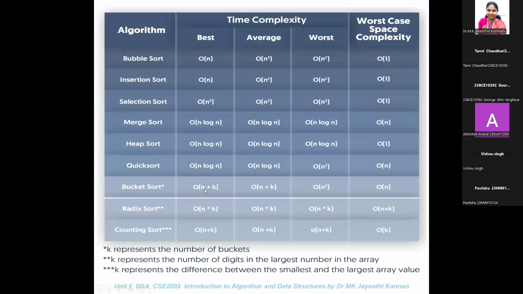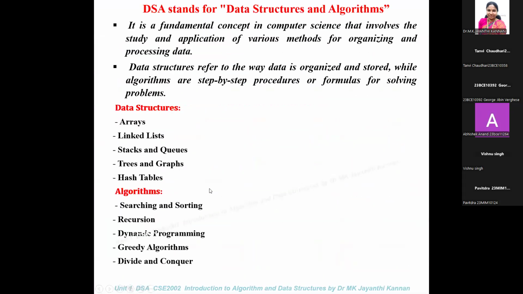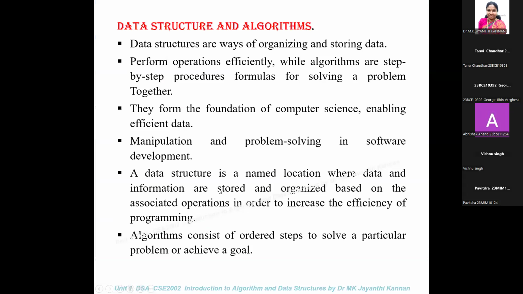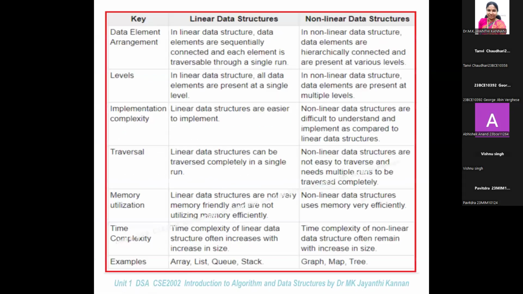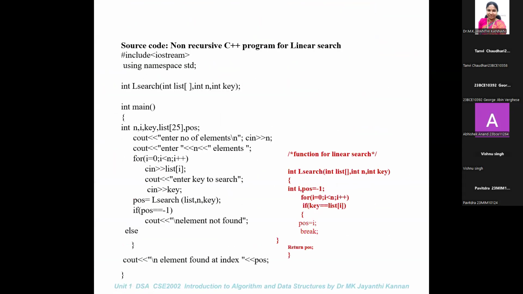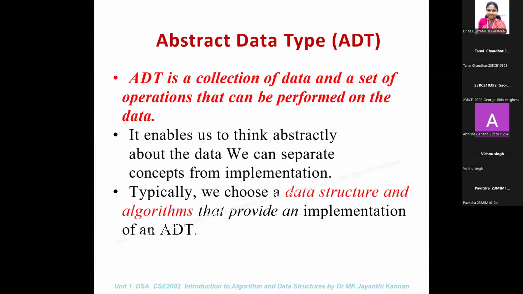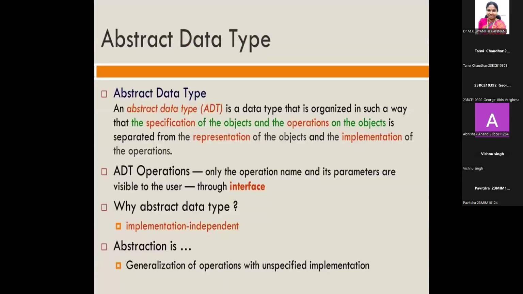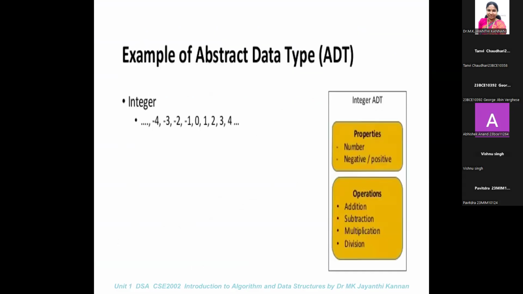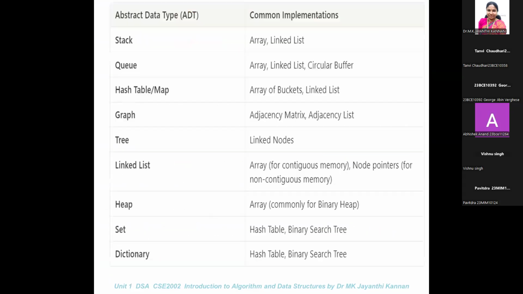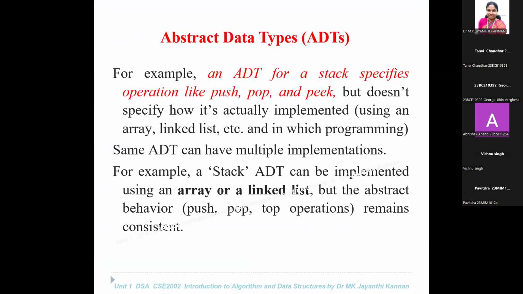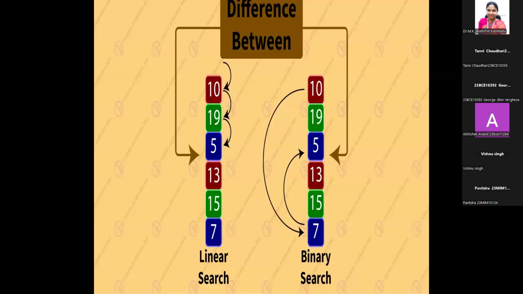Then we discussed binary search in unit 1 itself. We discussed the binary search technique to explain the concept, because I told you to write the second program in your observation, right? Linear search and binary search.